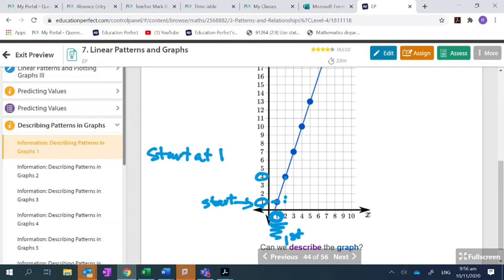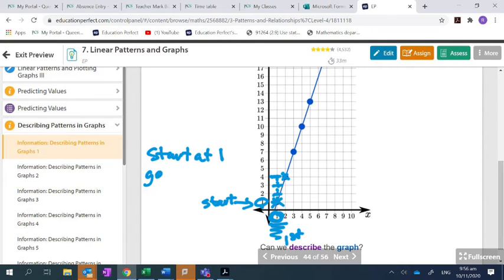Okay? So to get from 1 to 4, think about what you have to do. So to get from here to here, and remember, on the graph, you're only allowed to move straight up or down, right? When you're counting. How many units did we have to go up to get to 4? From 1? 3.